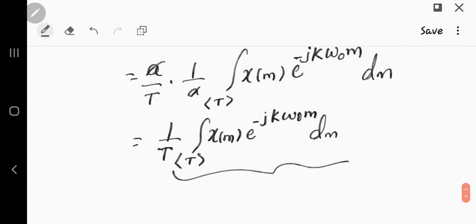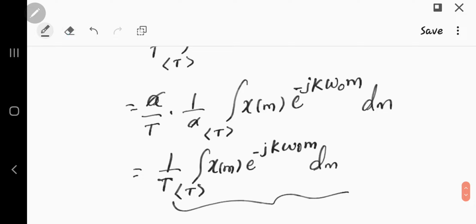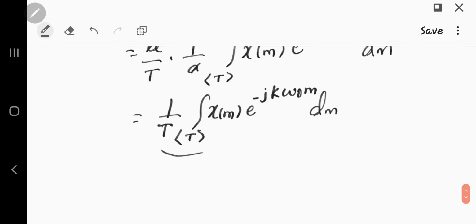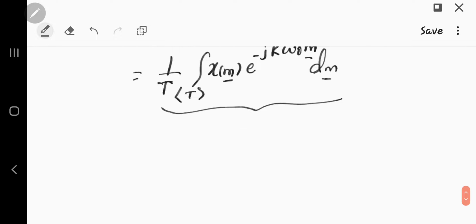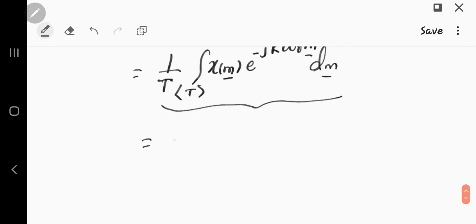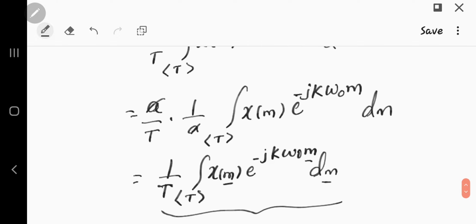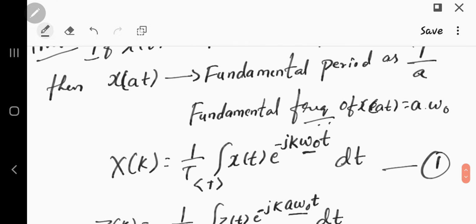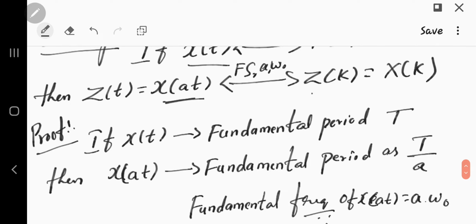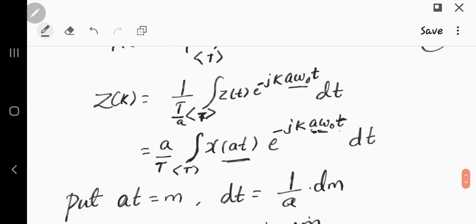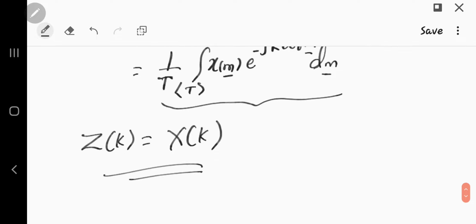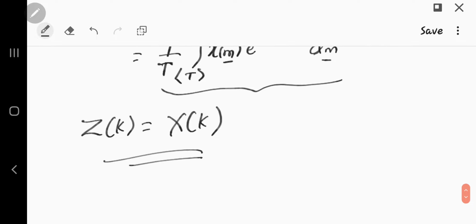Comparing with equation 1, this term is nothing but our x of k only, which is represented in terms of m here. That's the only difference. So therefore we can write it as x of k, and here we have z of k. You can take any other variable like y of k if you want to. So this is the proof for the scaling operation.